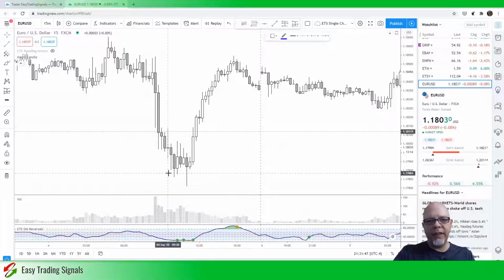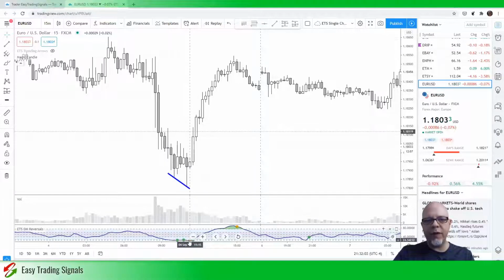And here you can see that you have lower lows in the market, but if you look at the actual indicator itself, you can see that you do not have lower lows. In fact, it looks like you have a slight move upwards, or at least just simply a sideways move. And that to me is an indication that something is going to happen. And that is what I look out for in the market.